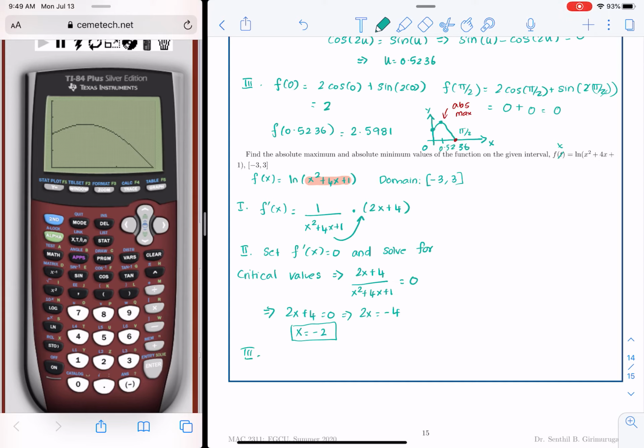So to do that, I am going to plug in f of -3, which is ln of -3 squared plus 4 times -3, plus 3, oh, plus 1, I'm sorry, which is ln of 9 minus 12 plus 1.